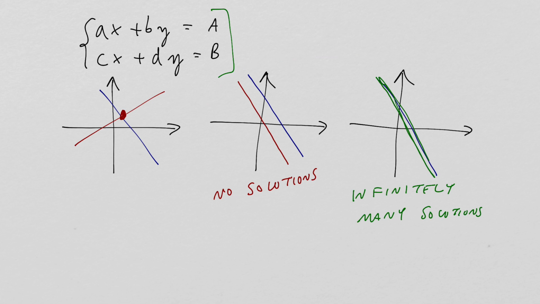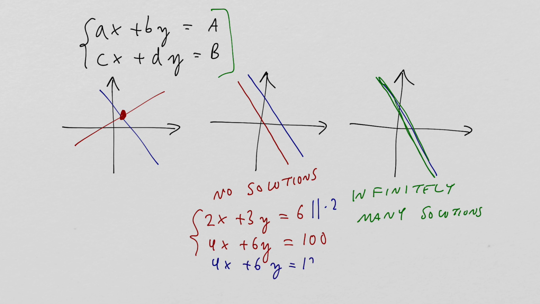Well, for example, if the equations would be these, then we can see that if we multiply the first equation by 2, we get the equation 4x plus 6y is equal to 12.